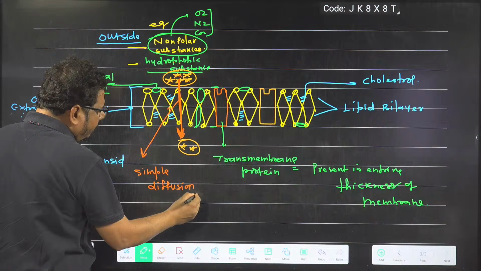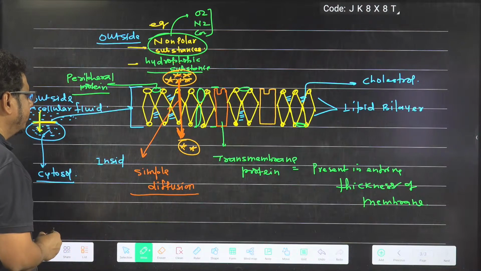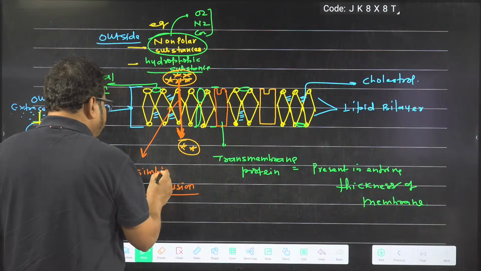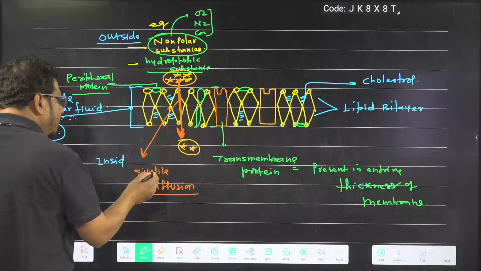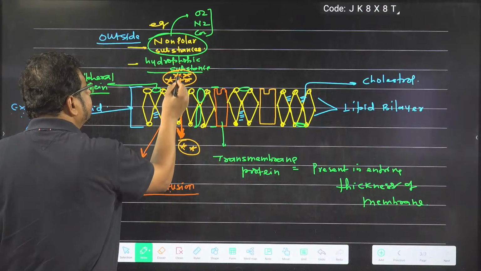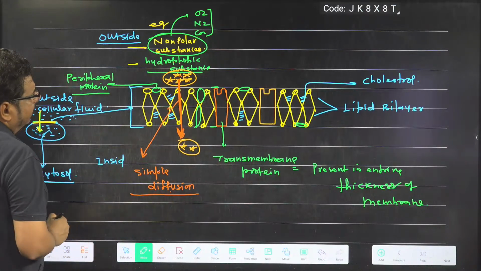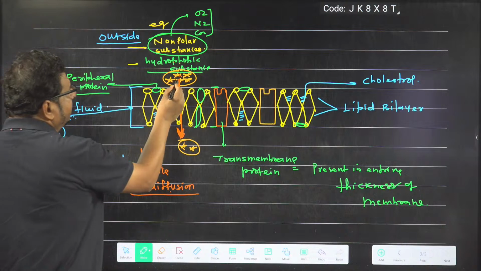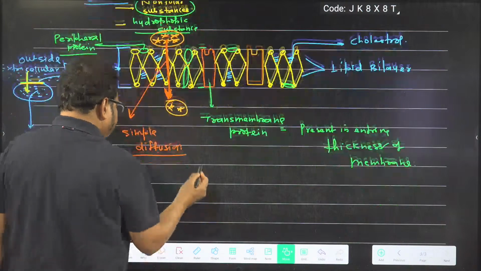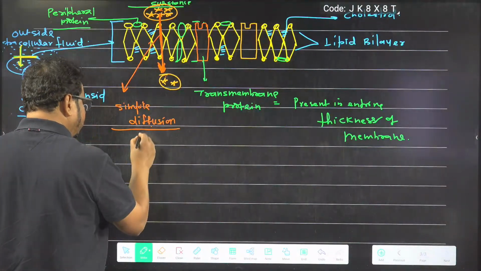So who crosses the membrane through the lipid bilayer? When simple diffusion occurs, in simple diffusion, substances move from one side of the membrane to the other side through the lipid bilayer. I am just writing simple diffusion.